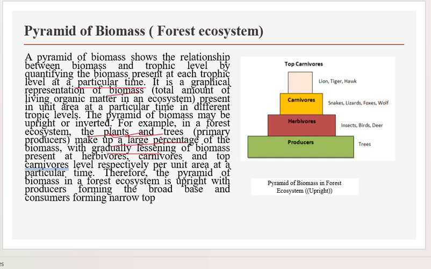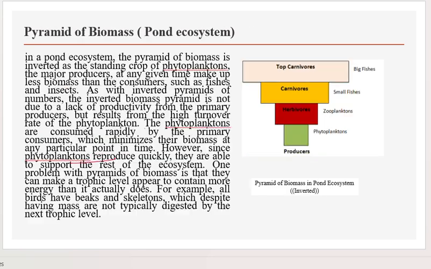The plants and the trees, they are primary producers. They make a large percentage of the biomass. The plants and trees will be in the producer trophic level, and they produce a large percentage of the biomass, with gradual lessening of biomass present at herbivores.